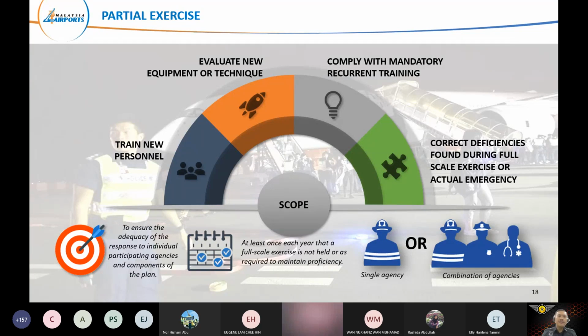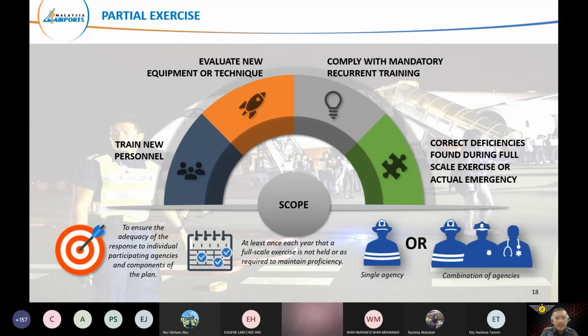The scope of partial exercise is: 1, to train new personnel; 2, evaluate new equipment or technique; third, comply with mandatory recurrent training; and correct any deficiency found during full-scale exercise or actual emergency. So if we have findings during full-scale exercise or during a real incident, we might test it again using partial exercise.